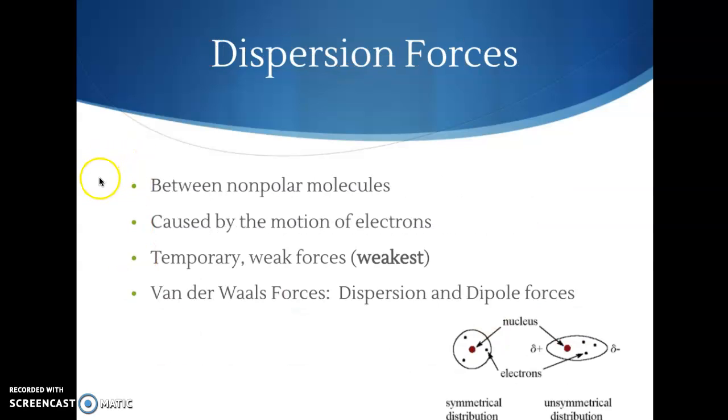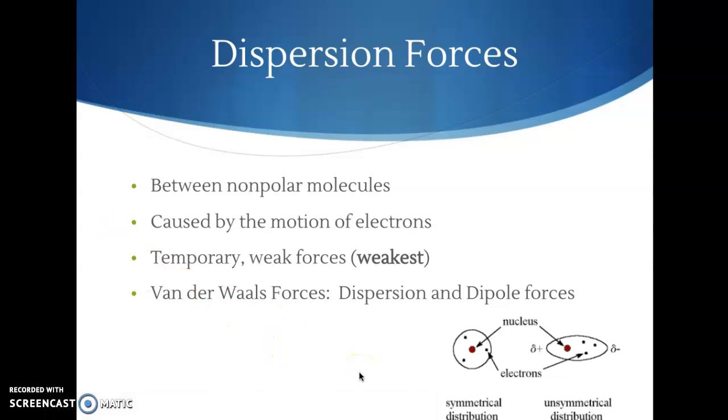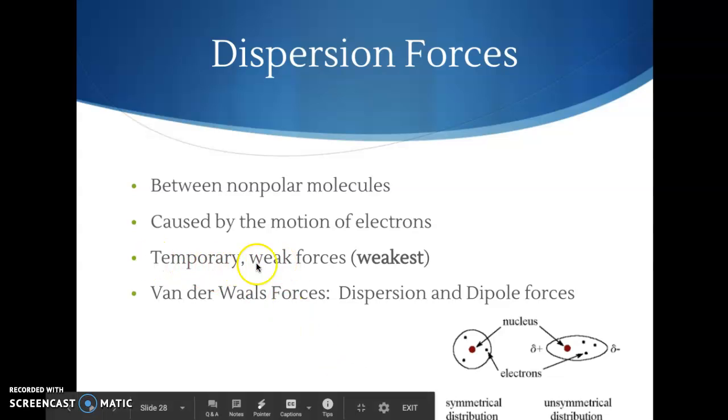Next you have dispersion forces. Dispersion forces happen between nonpolar molecules, and they're caused by the motion of electrons. When you have nonpolar molecules, you have an equal distribution of the electrons, but the electrons will move around, and every once in a while you get more electrons on one side of the molecule, and that creates what's called a temporary dipole.